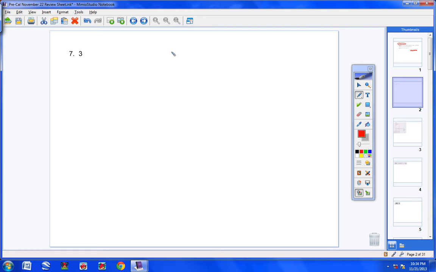Remember, a complex number has to have a real number and an imaginary number. So because there's no imaginary number with the 3, we're going to put 3 plus 0i. How did I know to do that? Because the directions said we have a complex number. So as soon as you knew you had a complex number, you know that you have to have a real number and an imaginary number together.